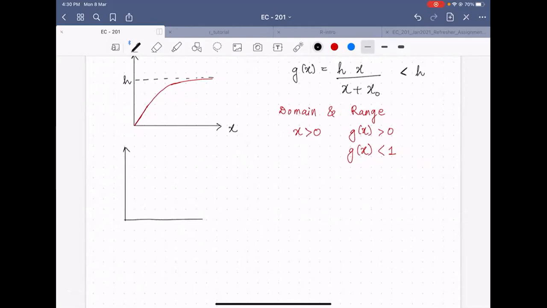Okay, so now we want to find the points of intersection of these two graphs. We know that my parabola looks something like this, and this is my f(x) and this is my g(x). Before plotting g(x), can you guess what would be the minimum and maximum number of points of intersection that I can get? You have to superimpose these two functions, depending on the value of h.